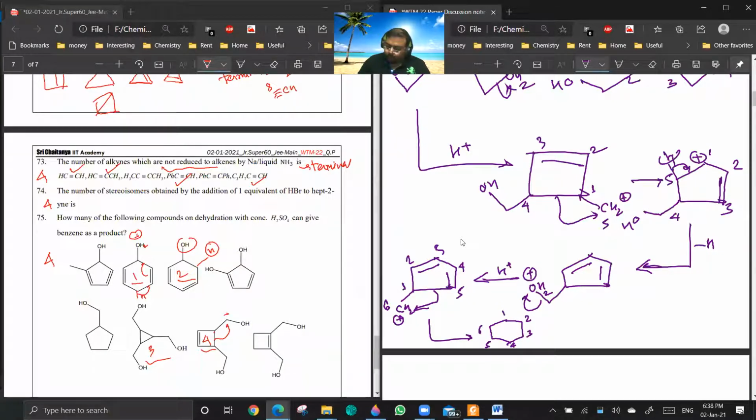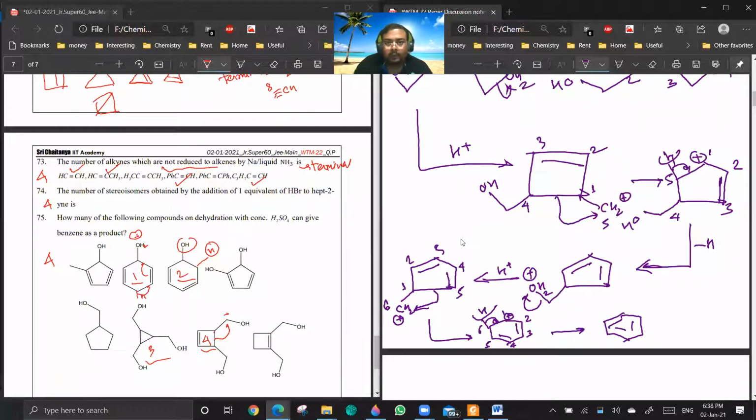Okay, positive charge will come on the first carbon. Okay, and there's a bond between 2 to 3, 4 to 5, and there's a hydrogen here. Lastly, this will go. You'll be getting this as benzene.